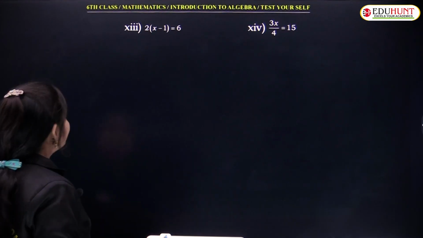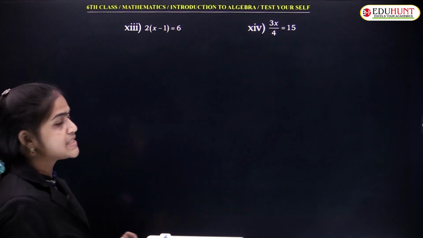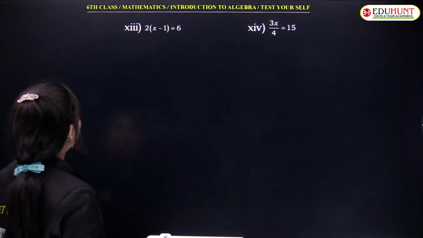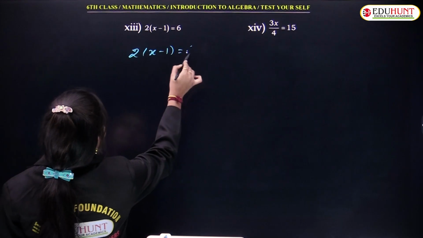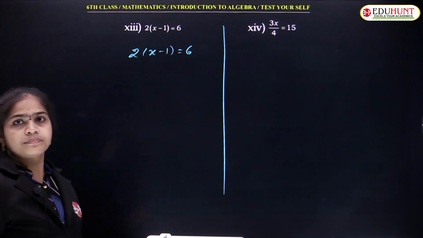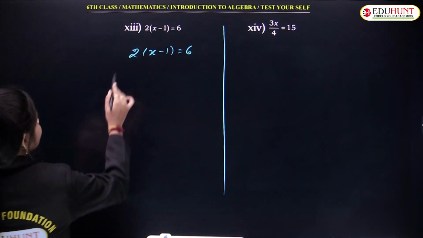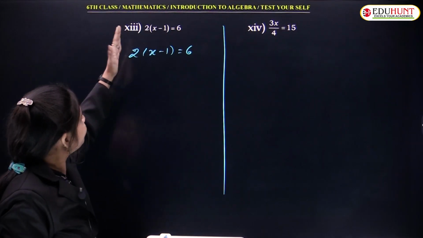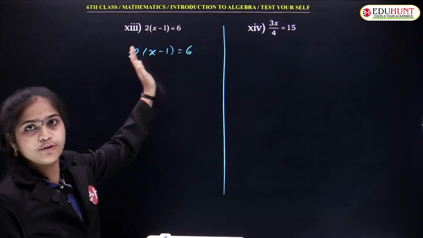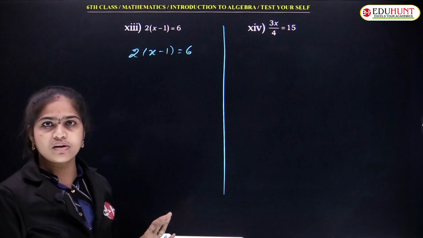And from that second Roman, the last two questions. What are those two? See here. 2 into x minus 1 is equal to 6. Now see that. You can first simplify the LHS side or directly transpose the term. That is your wish only.